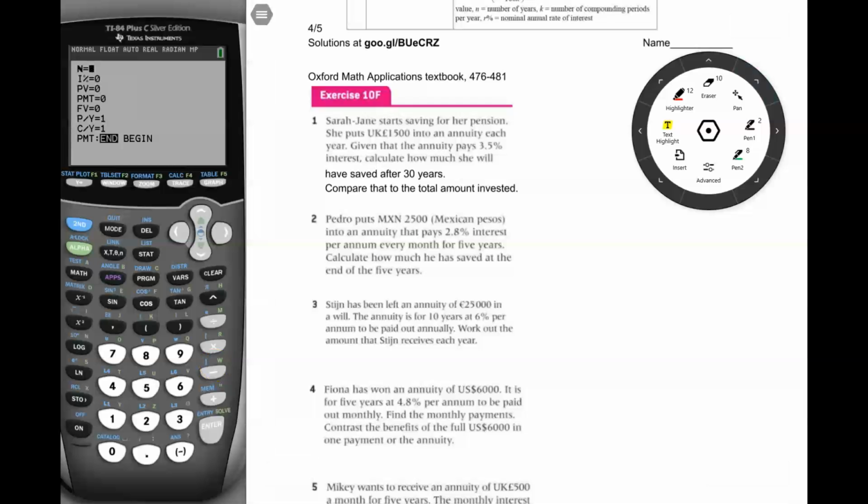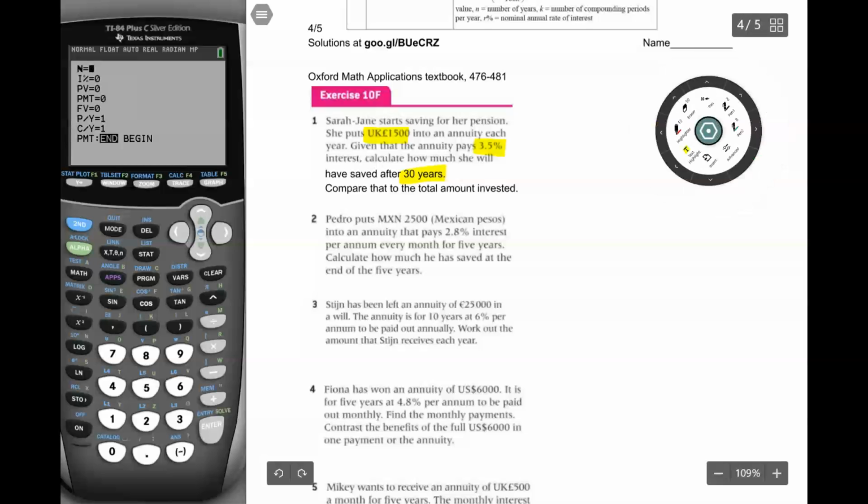So we're going to put in 1,500 pounds each year. The annuity pays 3.5% interest, and it doesn't say if that's per year or per month, but we assume then it's per year. How much will she have saved after 30 years? And compare that to the total amount invested.